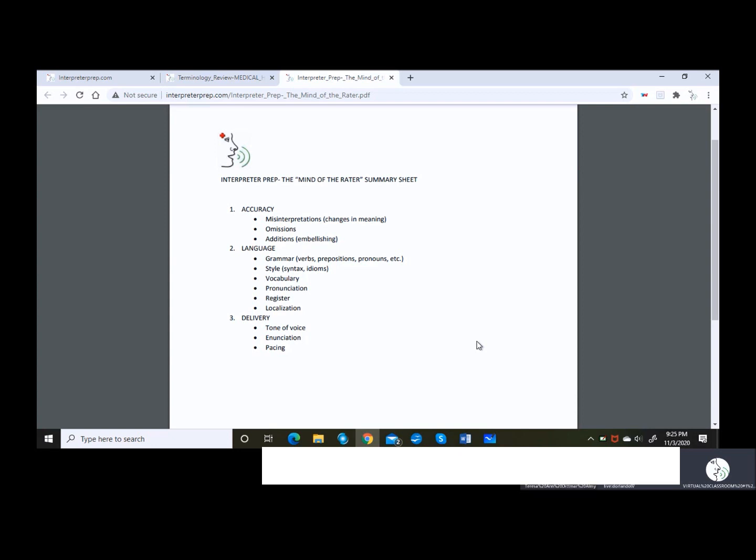In regards to the vocabulary, it's what we're going to be covering in class, and that is the medical lingo, knowing the medical words, body parts, signs, symptoms. And by the way, can somebody tell me the difference between a sign and a symptom?